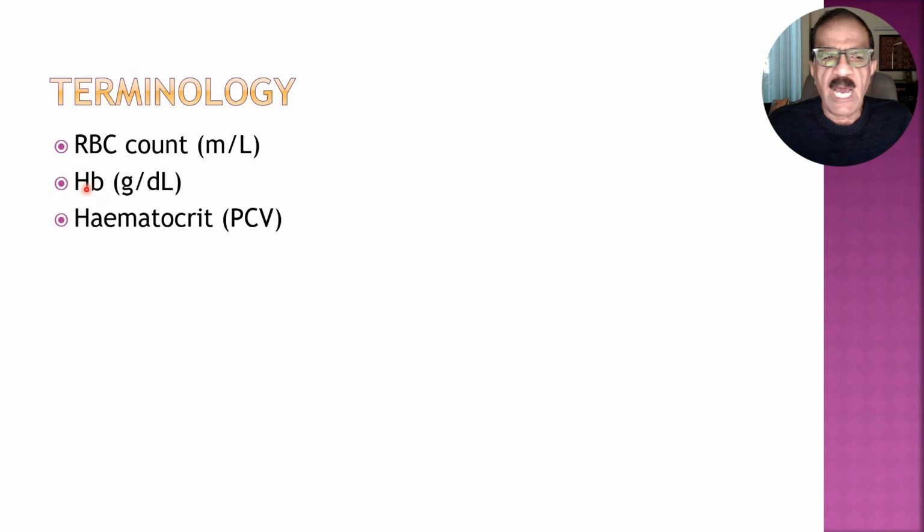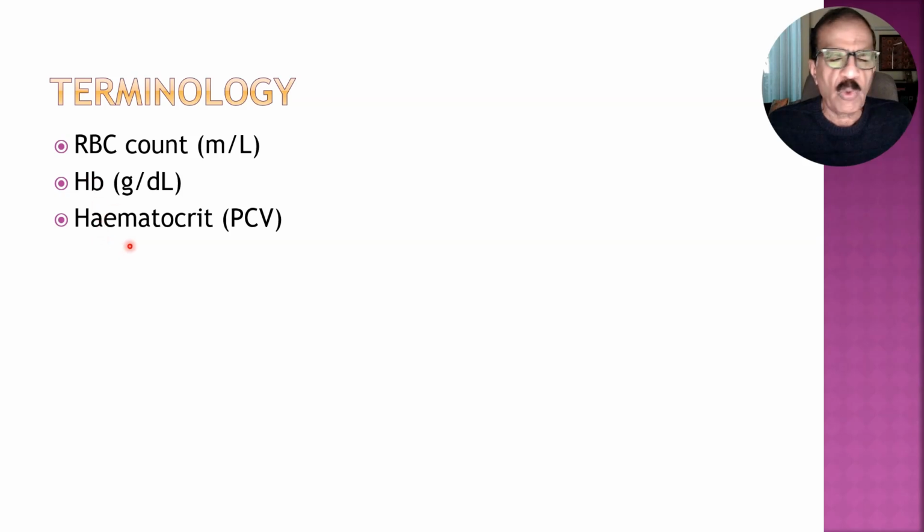Terminology: RBC count, of course, is self-explanatory. It is counted as millions per liter, and women have slightly less than men. Hemoglobin is the chemical test. HB is measured as grams per deciliter. But these days, there's more and more of a trend toward hematocrit.